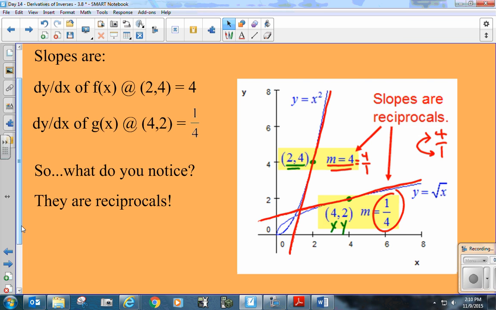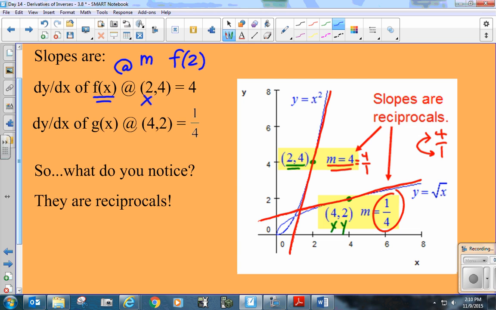It does. The only thing you need to be careful of is if they ask you for the slope of the original function at x equals 2. So they'll say, what's the slope for the function at 2? Well, that is a slope of 4. If they ask you for the inverse, it's not going to be at 2 that it's 1/4.